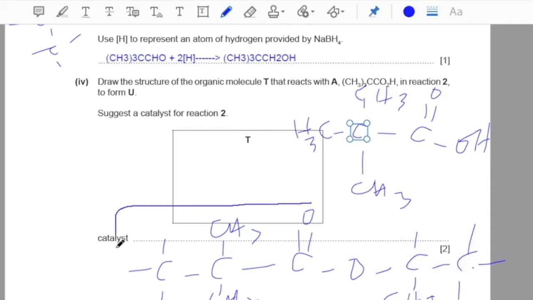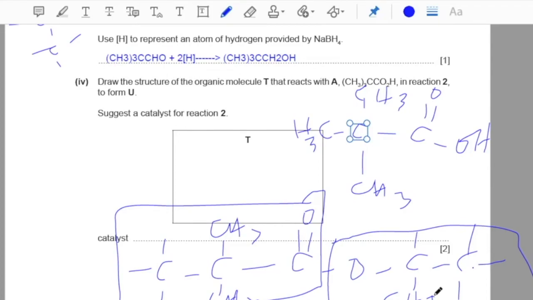This part of the ester is coming from carboxylic acid A, while this part of the ester is coming from an alcohol, which then forms an ester. When an alcohol and carboxylic acid react with each other, they form an ester. So this part is coming from a carboxylic acid. That's why this one must be coming from an alcohol.